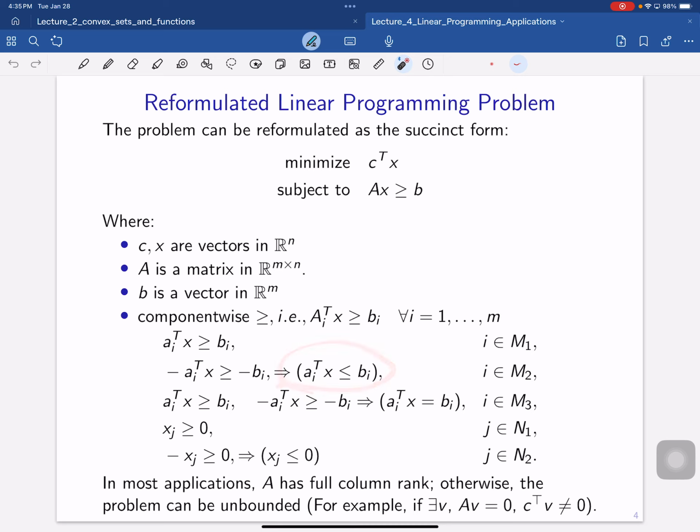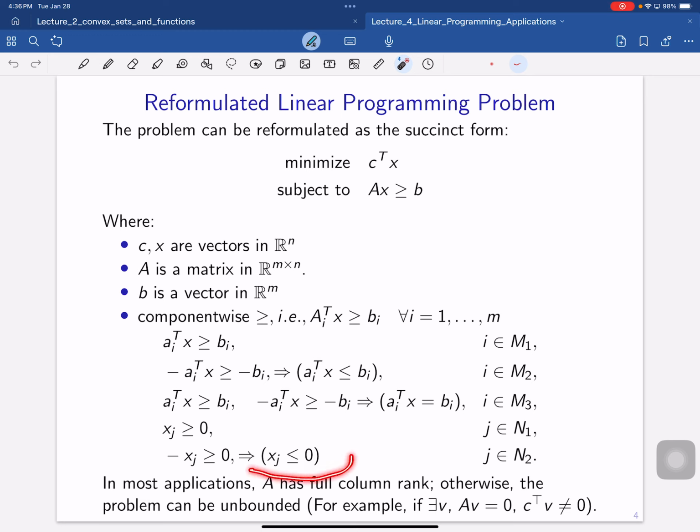But then you can always multiply by -1 on both sides of the inequality, and then they will become greater than or equal to, right? And similarly, if you have an equality constraint, you can write an equality as greater than or equal to and less than or equal to. And for the less than or equal to constraint, you multiply by -1, right? So you convert this equality constraint into two greater than or equal to constraints. Okay. And xj greater than or equal to 0 is already in the Ax greater than or equal to b form.